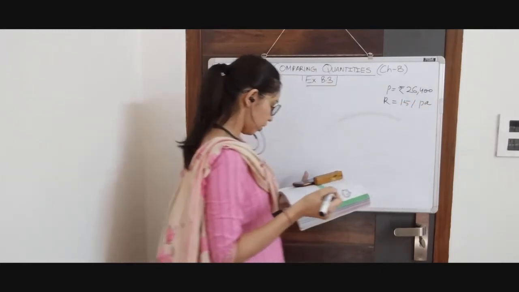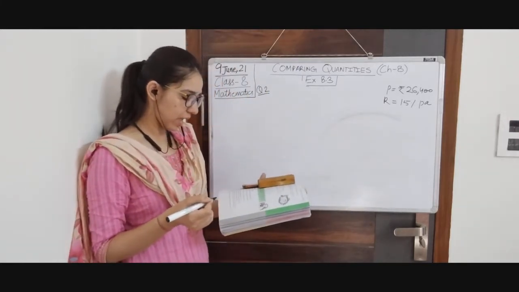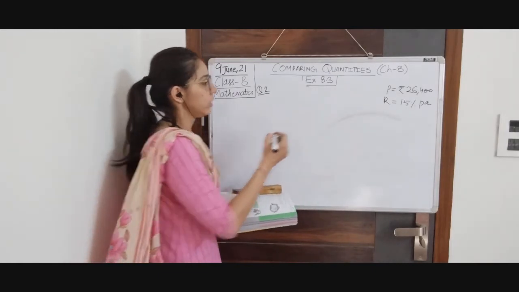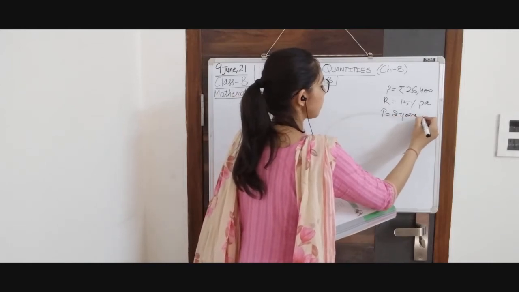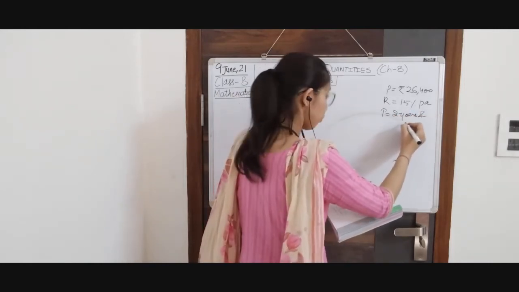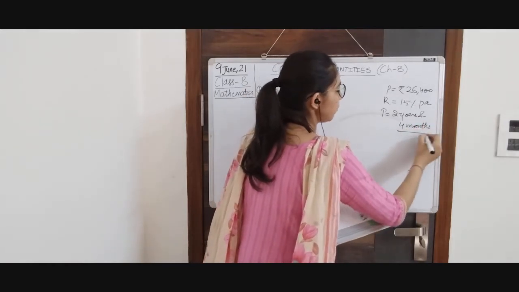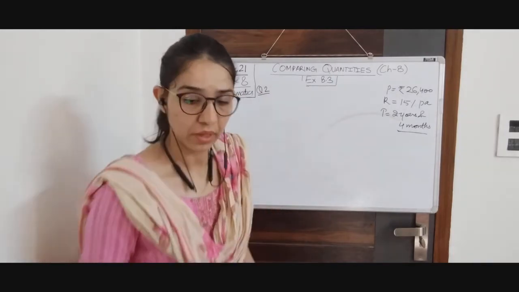Now question is, what amount will she pay at the end of 2 years and 4 months to clear the loan? Time is 2 years and 4 months. Now pay attention to how we are going to deal with 4 months.